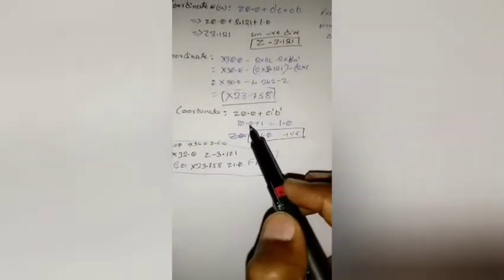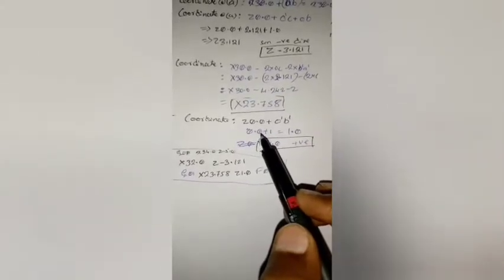So Z is 0 always. From Z 0.0 plus, I'll find out O dash B dash. Since it is 45 degree and I know the value of O dash B dash is 1.0, sine 45 multiplied by 1 will become 1.